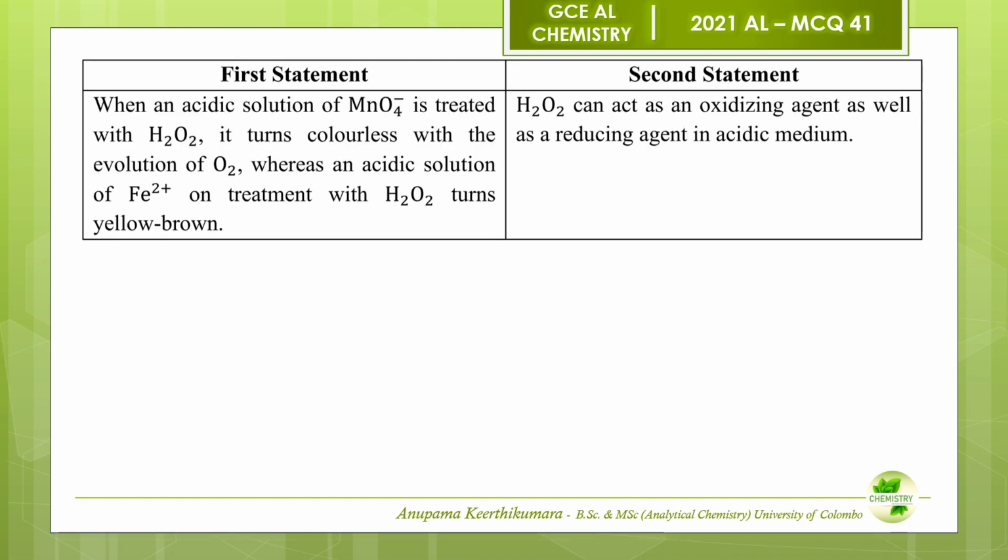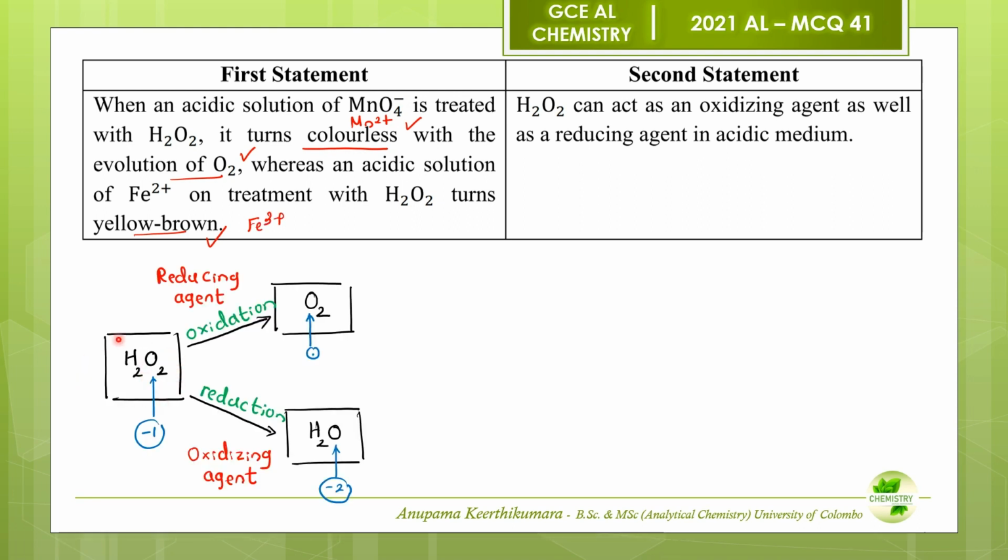The first statement: when an acidic solution of permanganate is treated with hydrogen peroxide, it turns colorless. That is correct because of the formation of manganese 2+ ions with the evolution of oxygen gas. Whereas an acidic solution of Fe2+ ions on treatment with hydrogen peroxide turns yellow-brown. That is also correct due to the formation of Fe3+ ions.